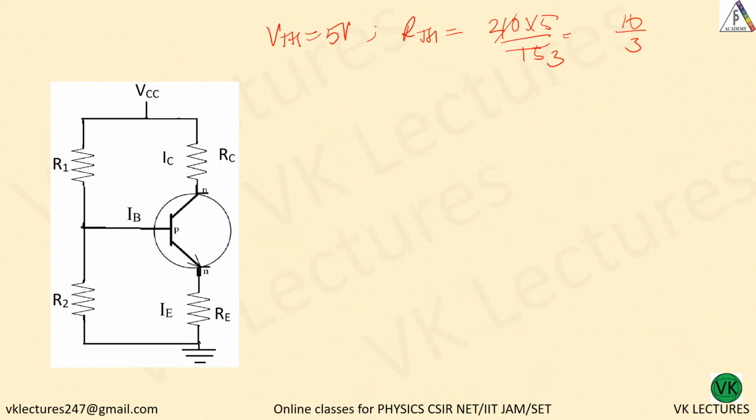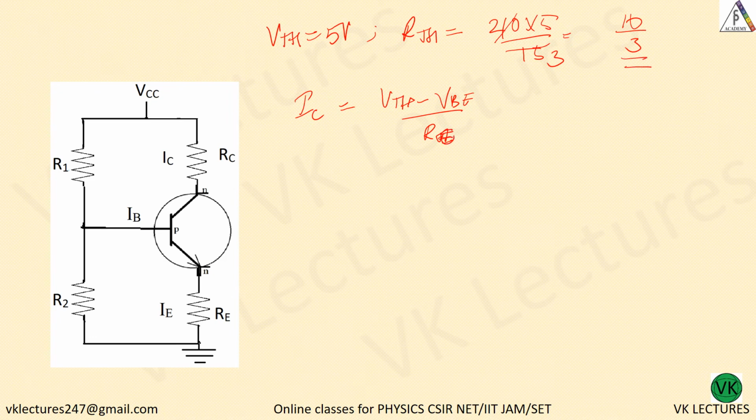We want to find IC first. IC is equal to (VTH minus VBE) divided by RE.